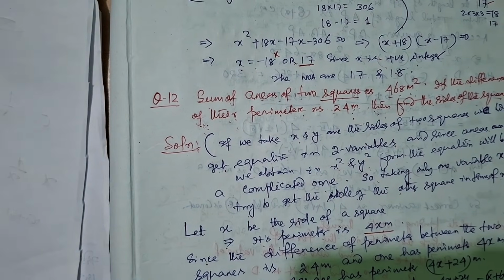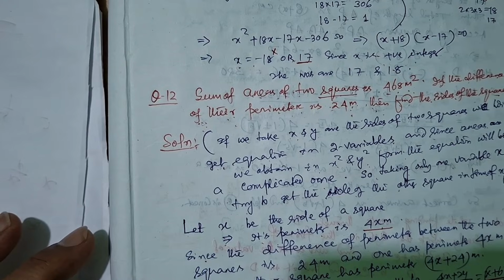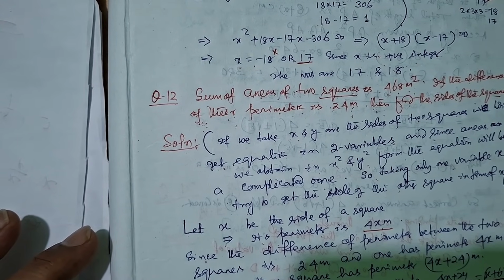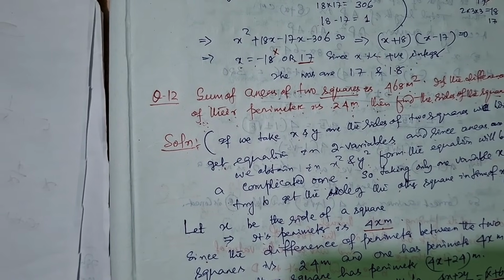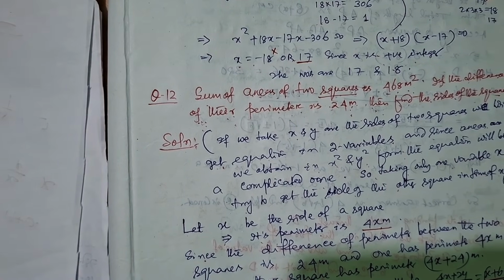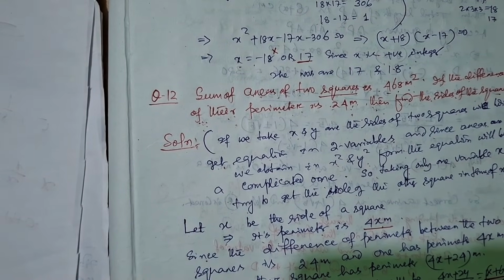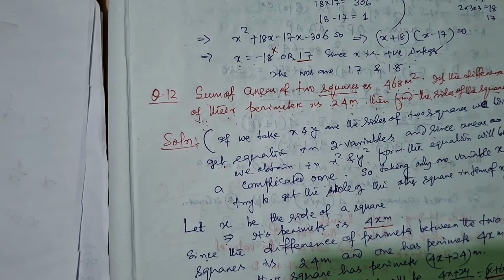You just solve this and you get the final quadratic equation. By factorization you get x equal to 12 for one square, and the other is 6 more, which is 18.